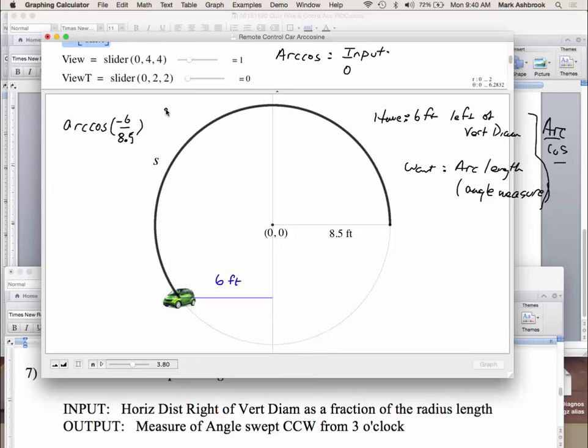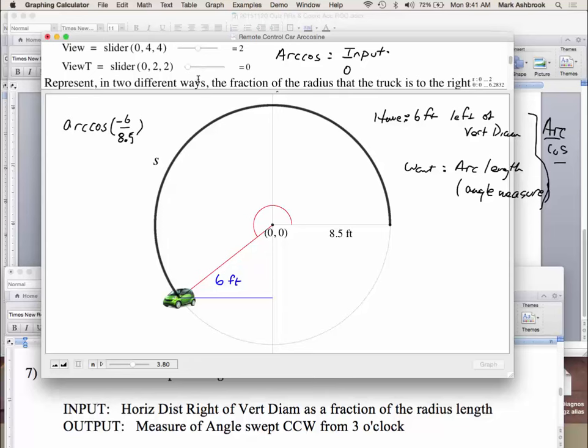And what's that going to give us? Is that going to give us the angle measure corresponding to our arc length S? Is that going to give us the angle measure that corresponds to our arc length S? No, it will not. Why not? Which angle measure will it give us?